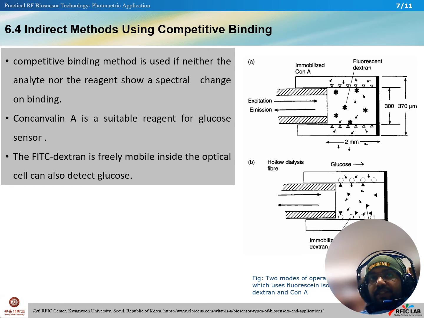The FITC dextran is fairly mobile inside the optical cell and can also detect glucose. In the figure, we can see that fluorescent dextran is used for the sensing of glucose.